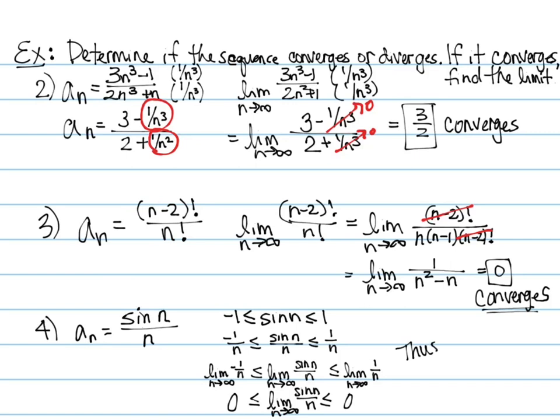So this is the squeeze theorem, so thus by the squeeze theorem, the limit as n goes to infinity of sine of n over n is 0, and that means obviously that it also converges to 0.